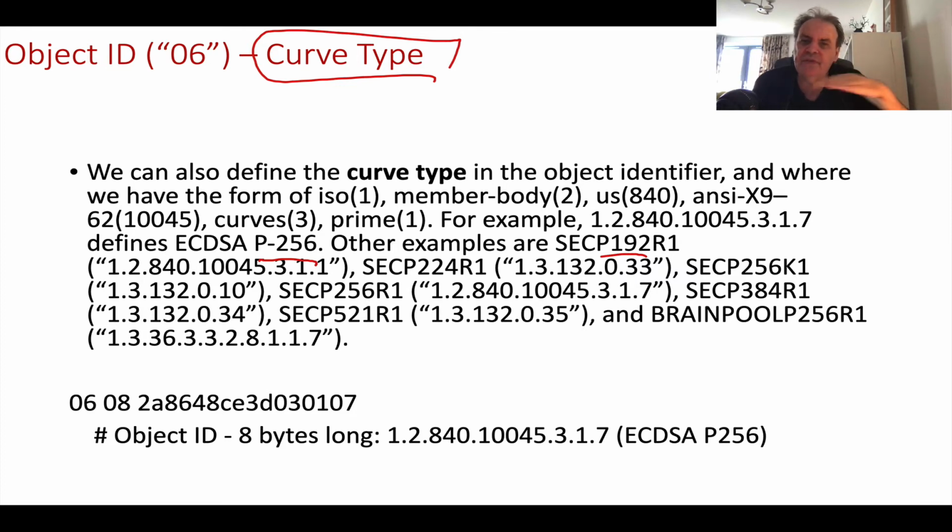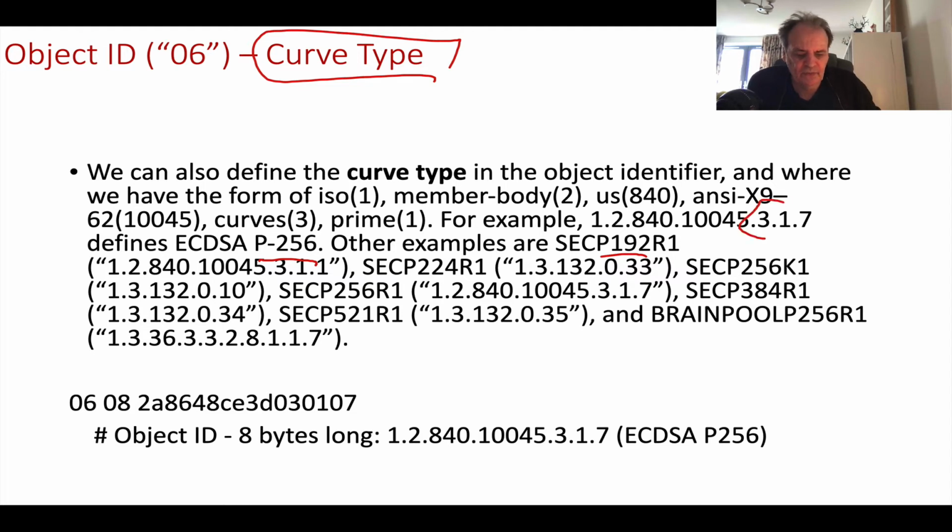Each of them have their own different characteristics, their own base points and prime numbers and so on. So we need a way to define that these keys and signature relate to this type of method. So these are identifiers here.